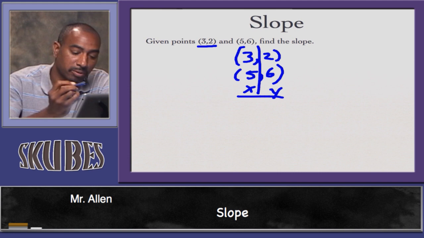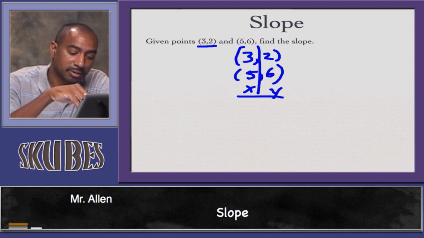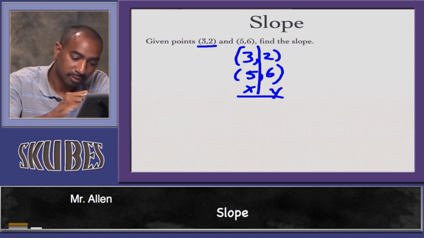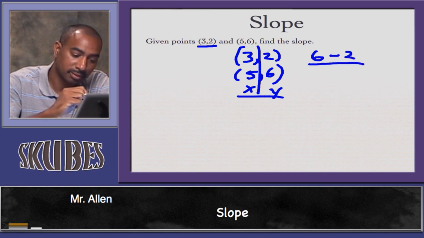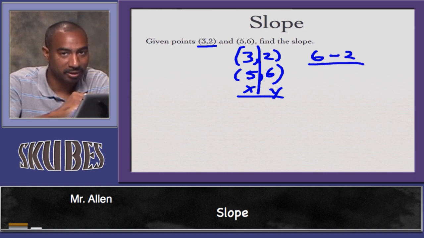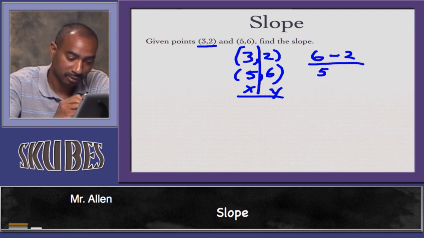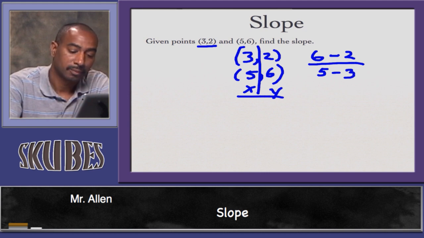You can go in any order you like, but you have to be consistent. Let's say I start with 6. I have to say 6 minus 2, but I have to say 5 minus 3. It would be incorrect to say 3 minus 5. I have to say 5 minus 3 because I started with the 6 down here with that ordered pair.